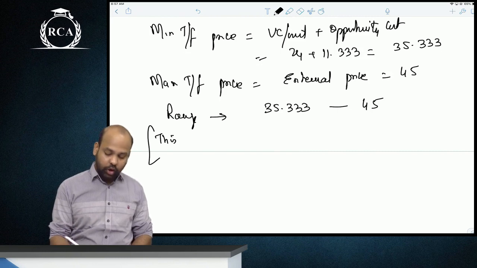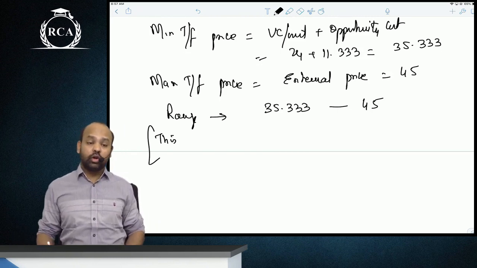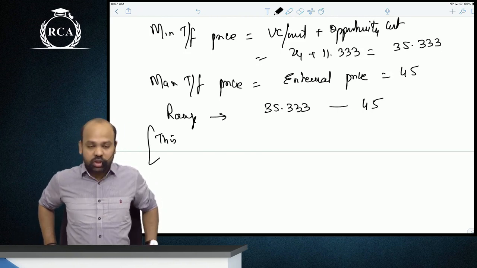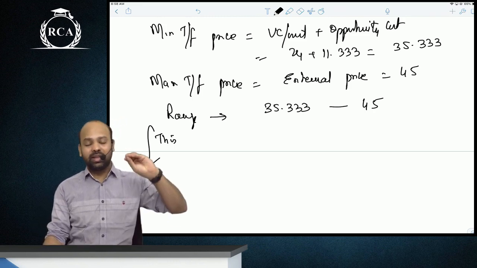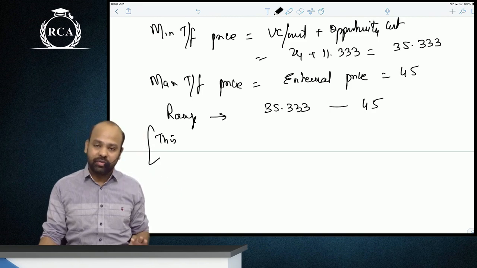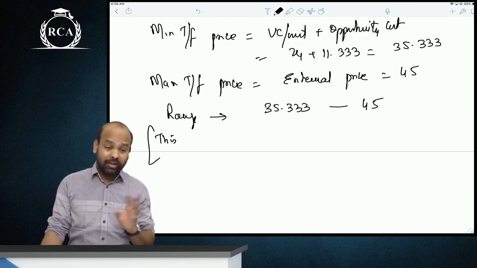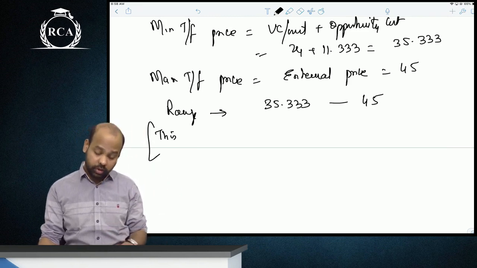Why will you want to lose out on those 2000 hours? The best possible answer will arise if you can transfer only 250 units at 24 rupees and let the other division procure those 50 units from the outside market. That is the best possible solution.